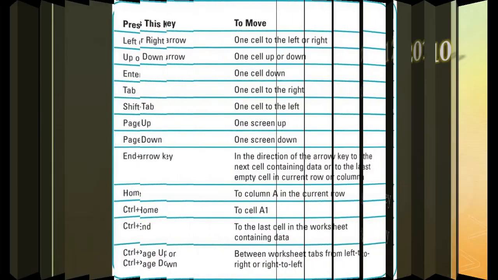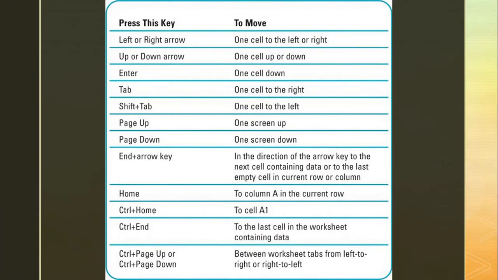Next, moving around in a worksheet. You need to move from one cell to another cell, like many moves you need to perform in a worksheet, so there are many shortcut keys to perform that action. First, left or right arrow.